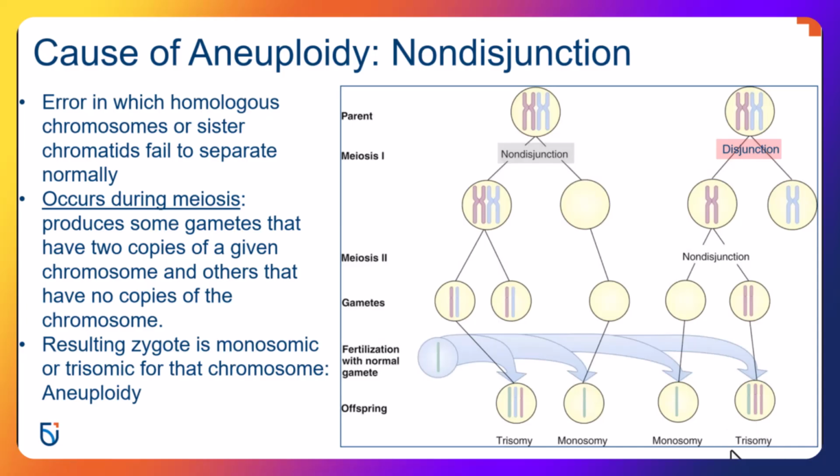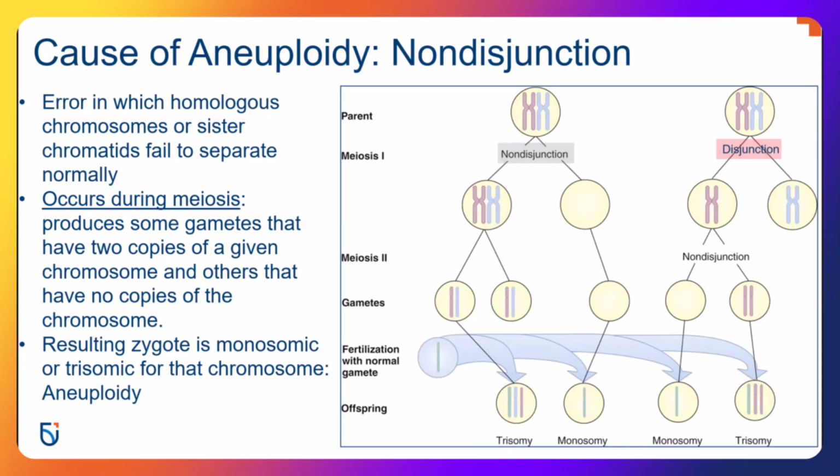Then there's the case of trisomy, where there's 3, and that's where the egg that ended up with 2 continues through, fertilized by a sperm. The sperm gives its one chromosome 4, and now we end up with 3. You can see that occurring here.